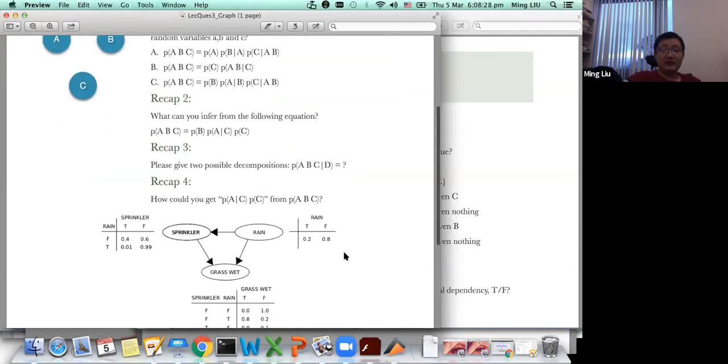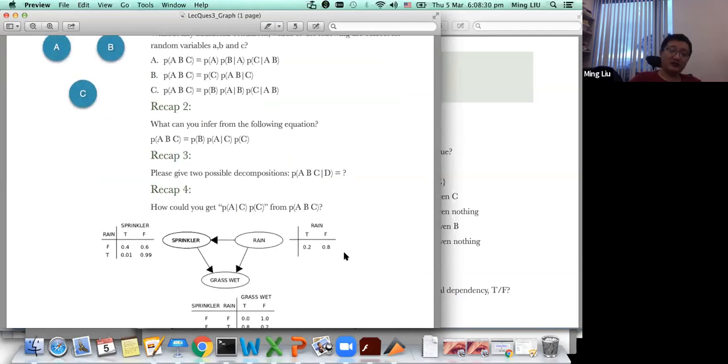Recap 3, please give a possible decomposition of P(A,B,C given D). This can be done arbitrarily, right? So you can have P(A) times P(B given A) and P(C given A,B). And now you have D as a condition, right?